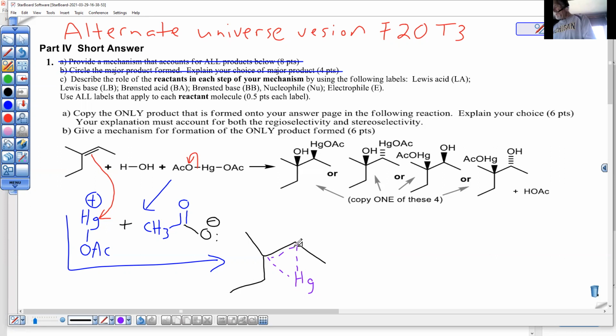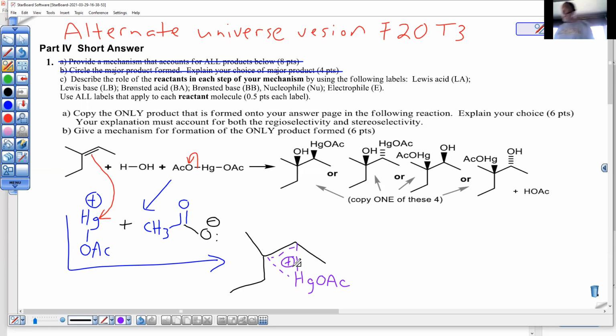And the plus charge is now in the middle of the triangle. And mercury still has an acetate. That didn't change. So you have a partial triangle all the way around.